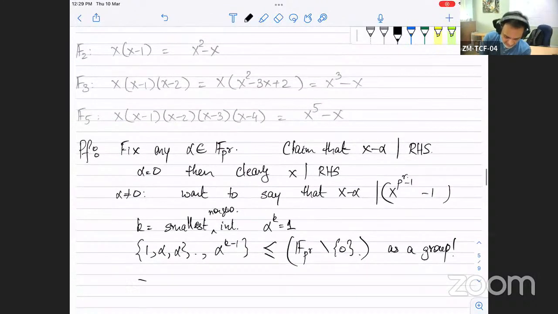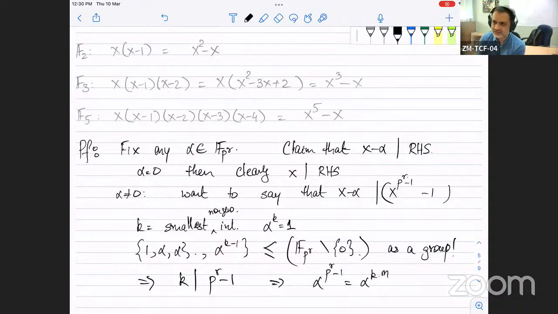That's a group. And Lagrange's theorem tells us that the size of this group must divide the size of the right hand side. So this implies that k must divide p^r minus 1. Which means if I look at alpha to the p^r minus 1, this is equal to alpha to the k times something.